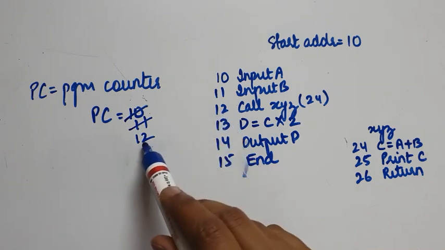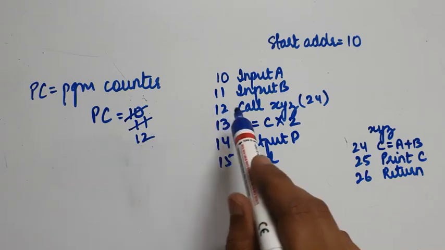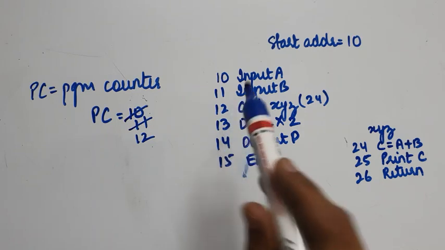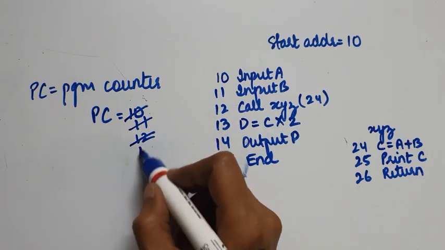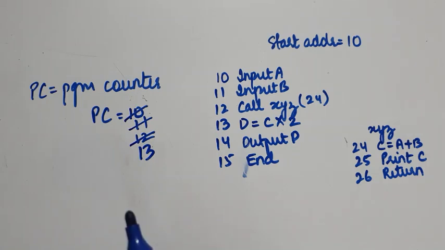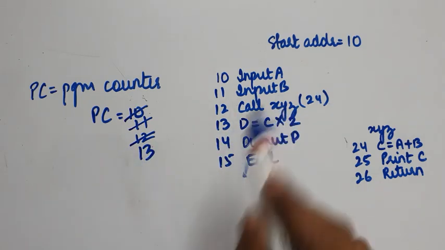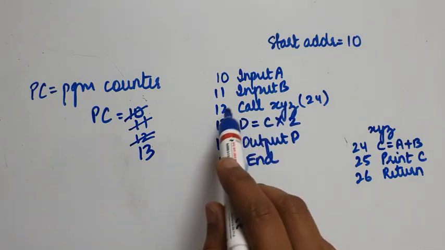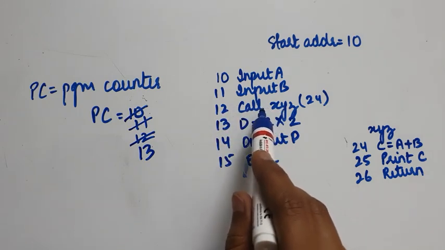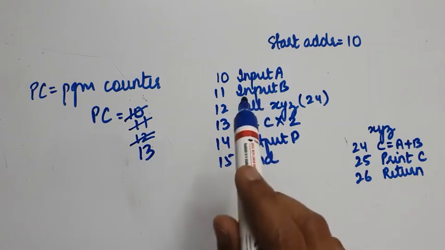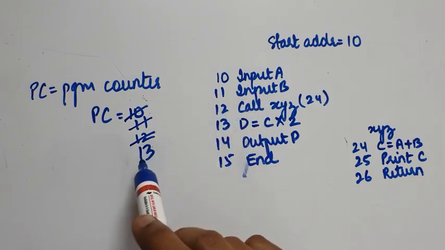Now it goes to PC. PC tells it 12, so it goes to 12 and fetches the instruction written on line number 12. When it is fetching, PC is incremented by 1 and becomes 13 now. But call XYZ is written on 12. While fetching the instruction on line 12, the value of PC was incremented by 1.